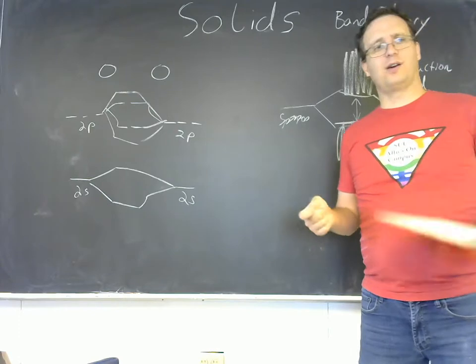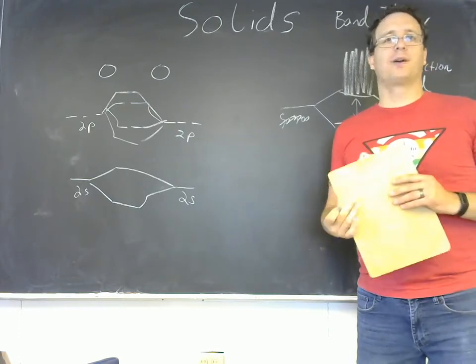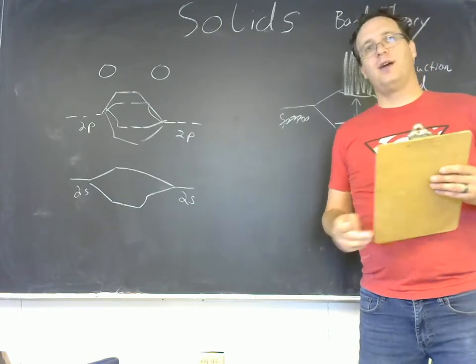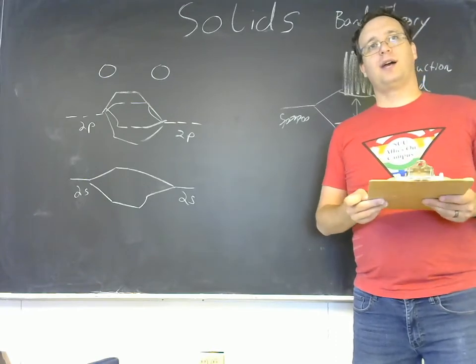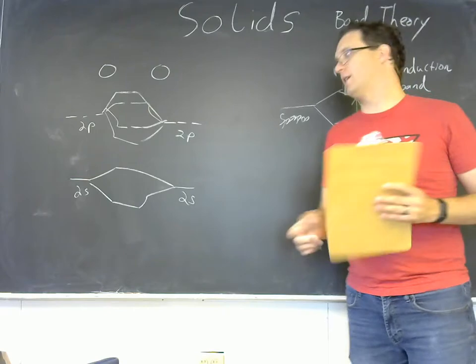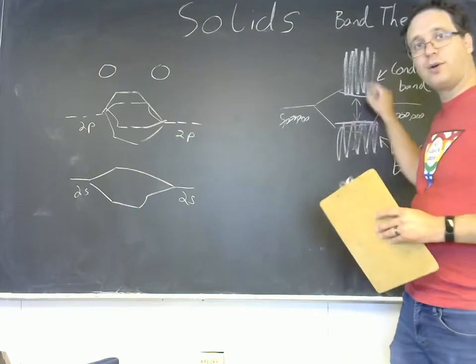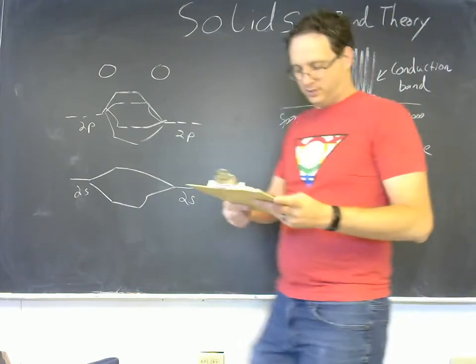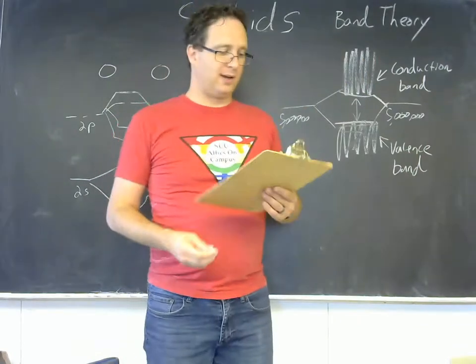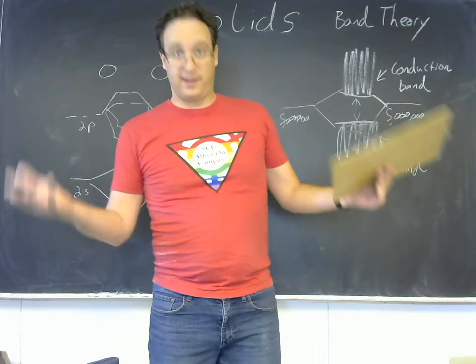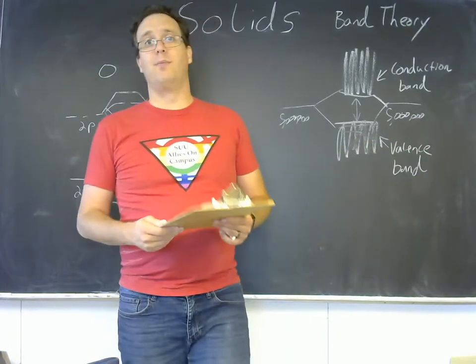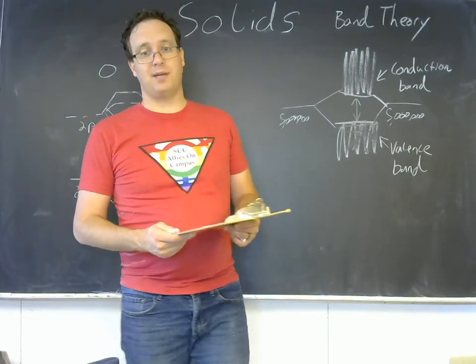Do they conduct or do they not conduct? It can begin to depend on things like the temperature or the presence of tiny amounts of contaminant and things like that. And band theory is a really robust way to deal with that. So you don't need to really know anything about band theory, other than that it exists and that it's a more complex and robust way to look at metallic bonds.